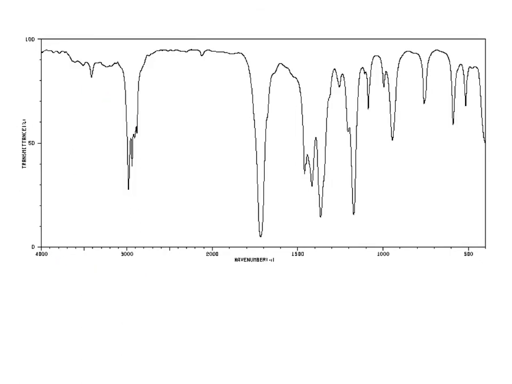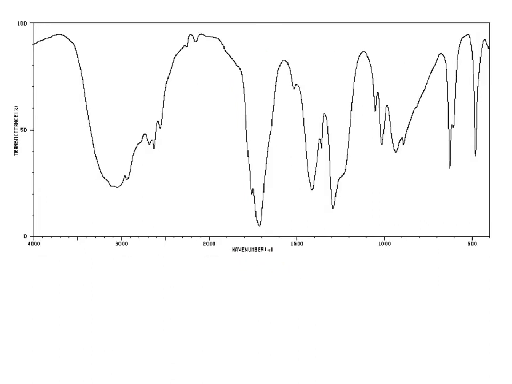I'll let you again pause the video, have a little think about it. So there is an absorption that's jumped straight out, and that's this one here, and that is clearly a carbonyl group. Okay, so we don't know what it's bonded to, but it's a carbonyl group. Have a look at this one, pause the video.